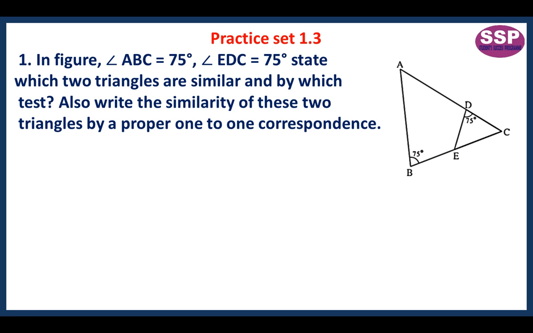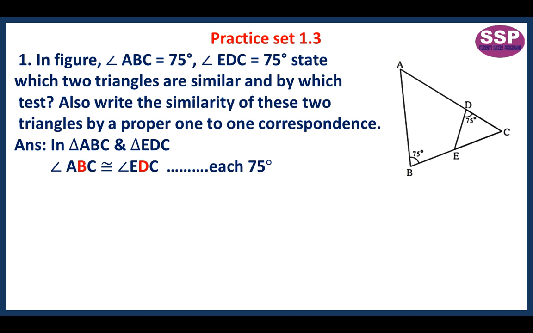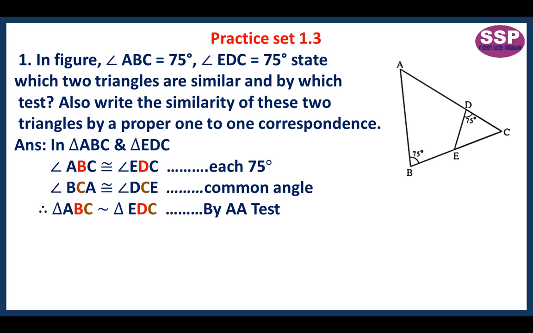Therefore we can say in triangle ABC and triangle EDC, angle ABC is congruent to angle EDC because each is 75 degrees. Angle BCA is congruent to angle DCE, common angle. Therefore triangle ABC is similar to triangle EDC by AA test.